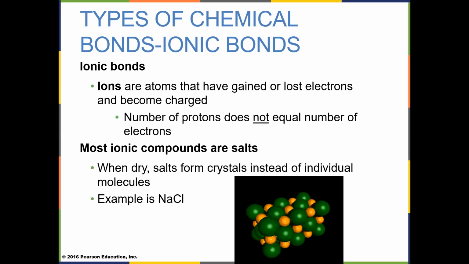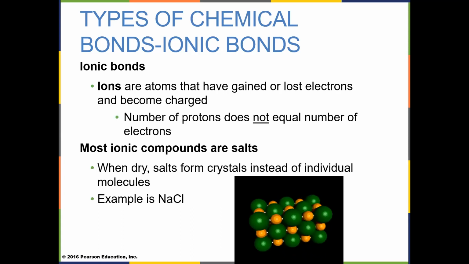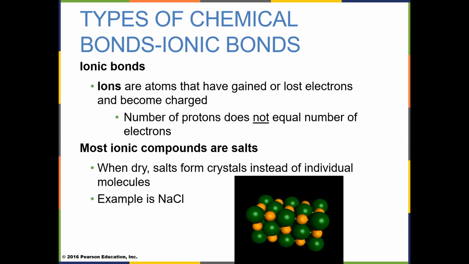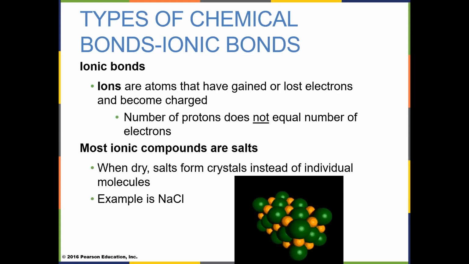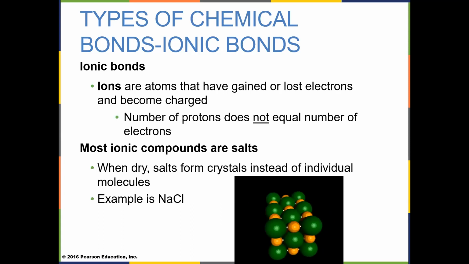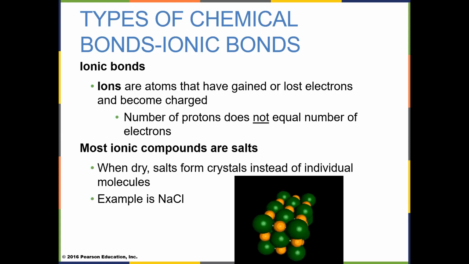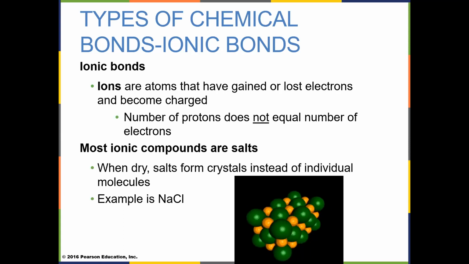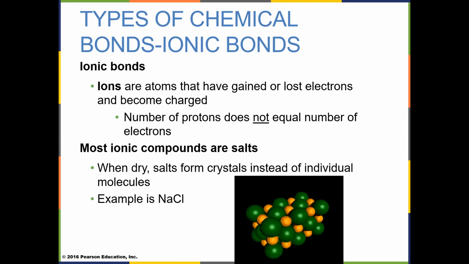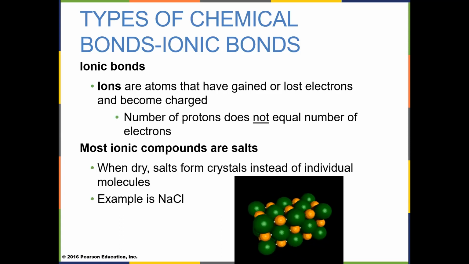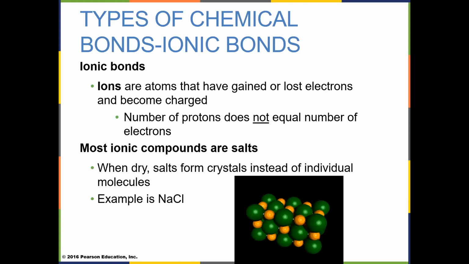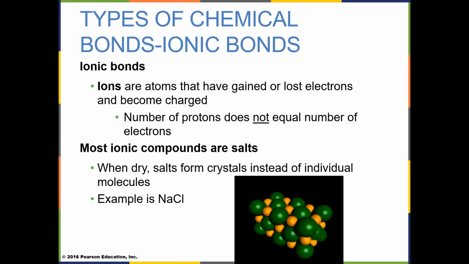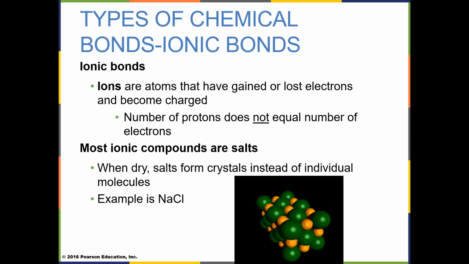They're not atoms anymore, they're called ions because they are charged, either positively or negatively charged. Atoms themselves have no charge. They're balanced, they're electrically neutral. 6 protons in carbon equal 6 electrons. But an ion will give up an electron or gain an electron.